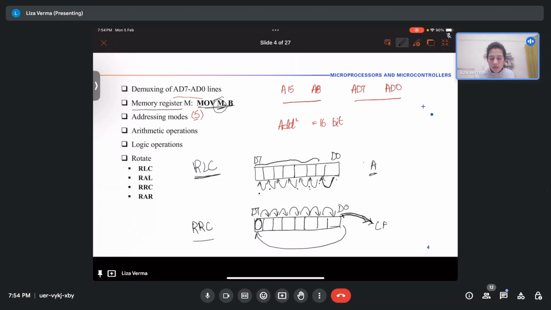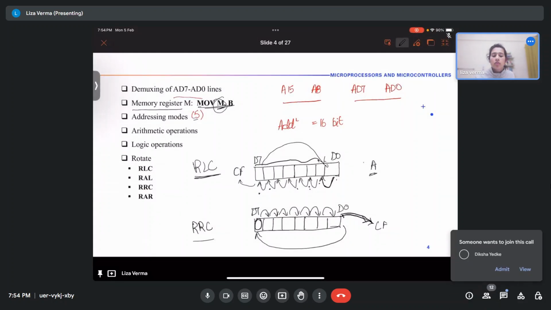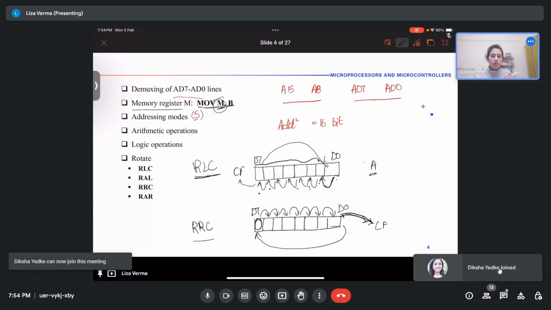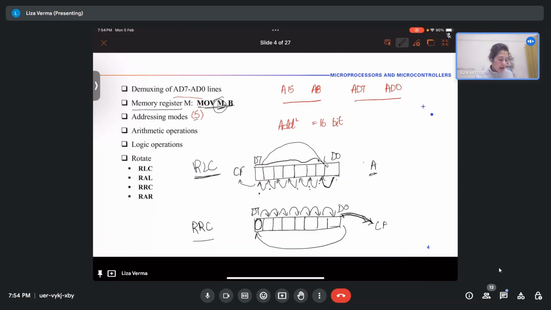D0 is empty and D7 doesn't know where to send the data, so D7 will send it to the carry flag as well as D0. It's a similar process, only one is rightwards and one is leftwards. Whichever bit doesn't know where to send the data has to see if it has to load the data to the carry flag or not.